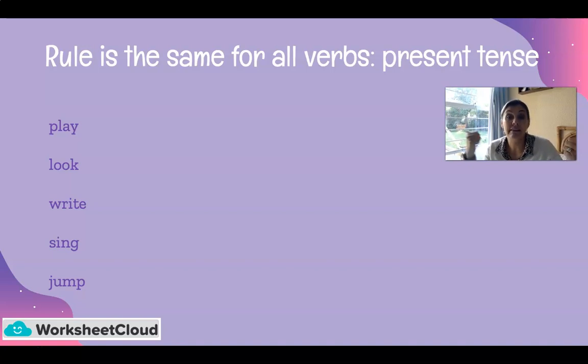He wrote, they wrote in their books. And sing: he sang, they sang. And the last one, he jumped, they jumped. It doesn't matter what verb you are using, whether it's shout, swim, call, becomes called. So the rule in terms of subject-verb agreement, when you're writing in the past tense, works for every single verb that you change into the past tense.